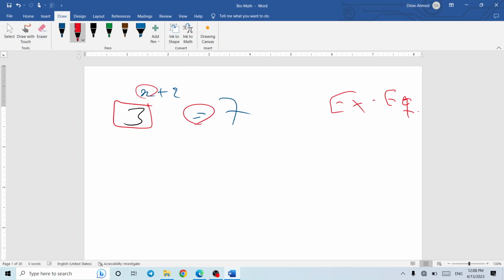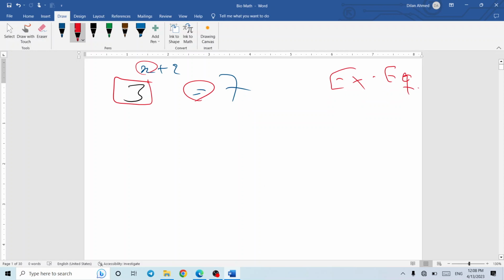To solve such a case, I am going to isolate the exponent. This example is already isolated. What do you mean by isolate? I mean put the exponent on the left side and the numbers on the right side. This is called isolation.